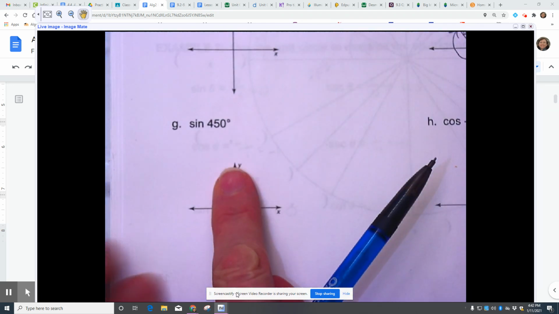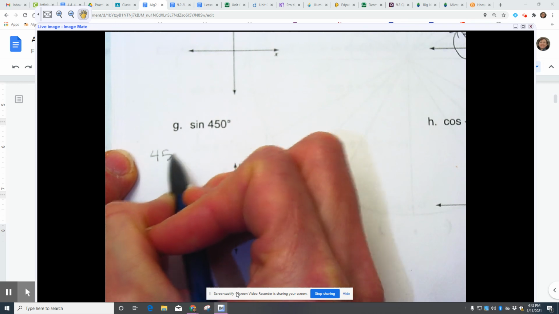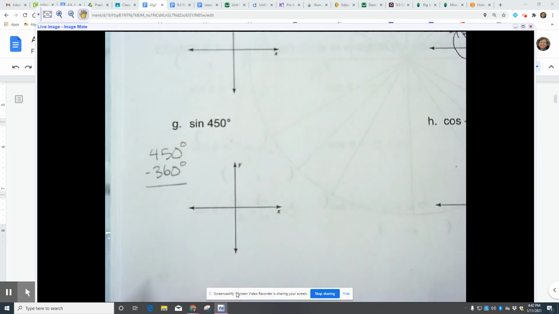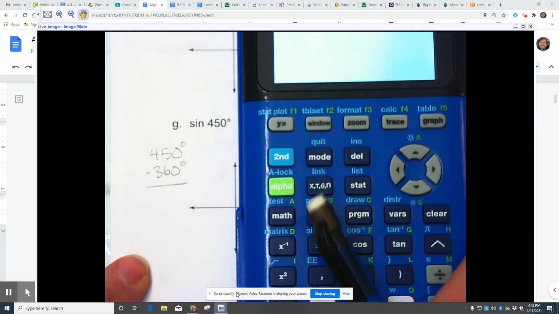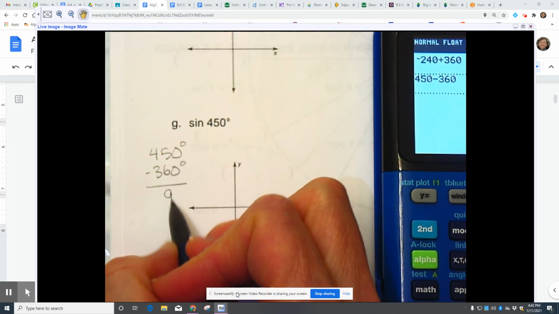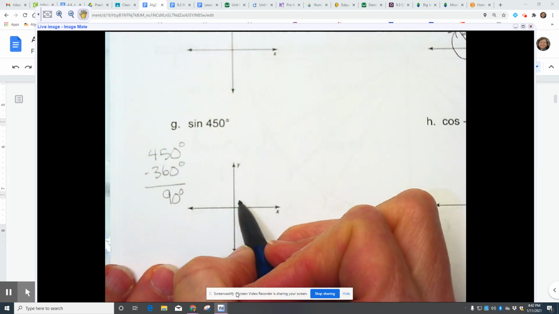Let's look at one more. What happens when it's bigger than 360? Well, let's just keep subtracting 360 degrees until we get a value that's on the unit circle. So I'm just going to take 450 minus 360, and I get 90 degrees. So 450 is coterminal with 90 degrees.